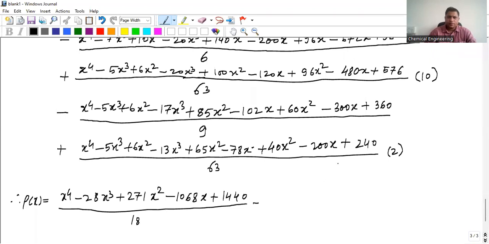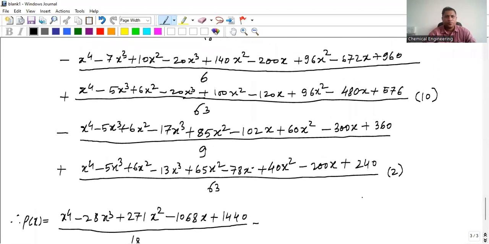Next term is minus. Think of this term. You'll be having x raised to 4 minus how much x cube can we have? 27x cube plus x square.